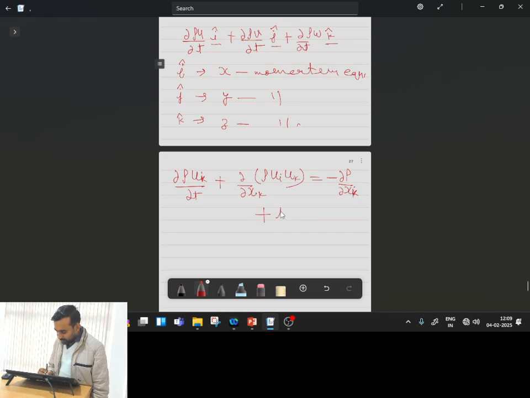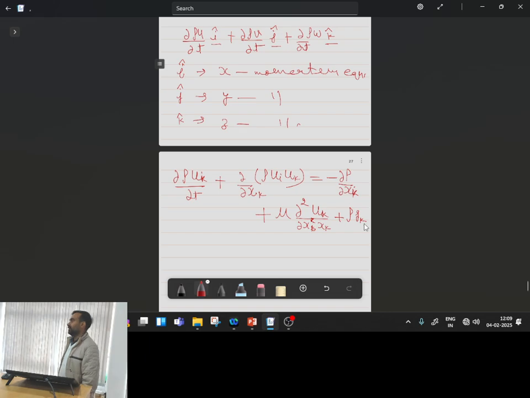Plus mu times del square by del xi del xk times what? uk. Okay, and what else will I get? Plus rho into gk. So what is this equation?